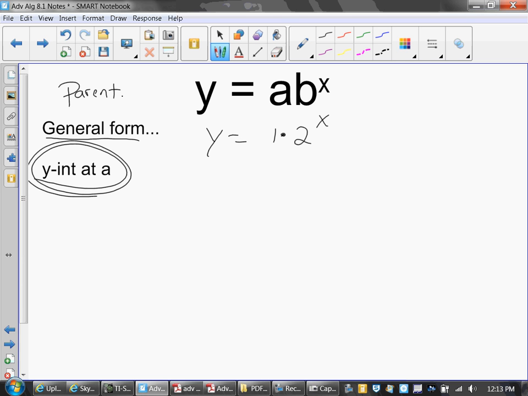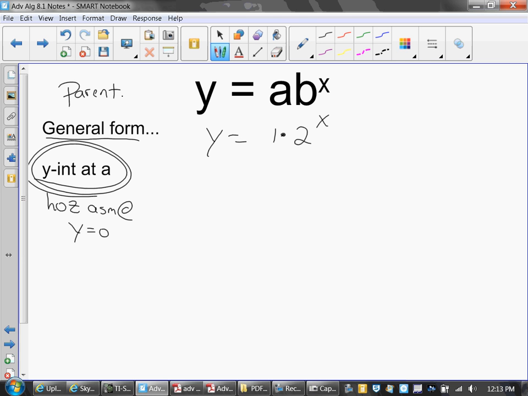It always occurs at a. And where is the horizontal asymptote always with the parent function? It's always at y equals 0. It's always the x-axis. For the parent function, your asymptote is always at y equals 0. Okay. Remember, it's always horizontal, left, right.